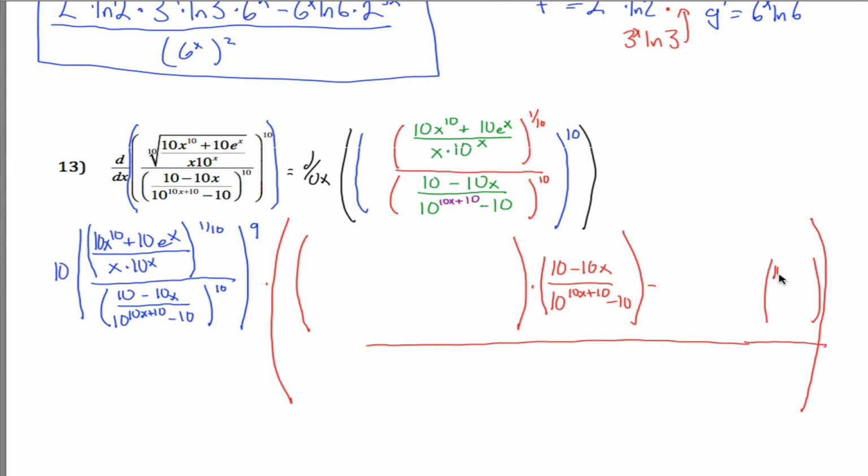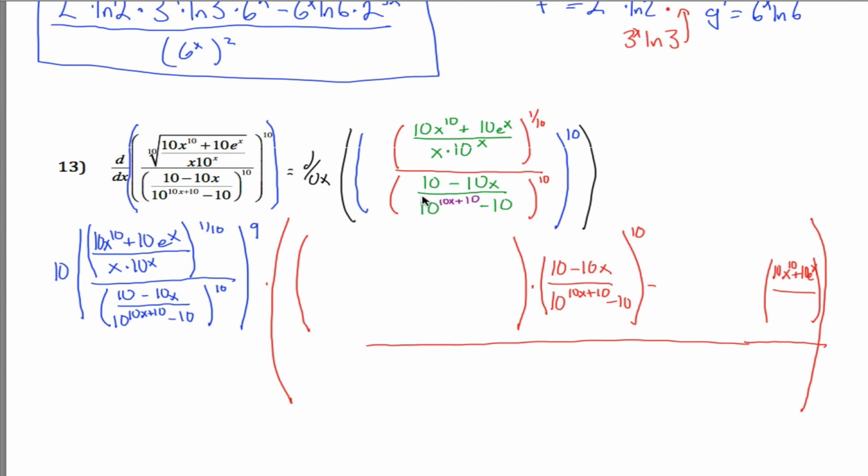F being the thing up top, 10x to the 10th plus 10 e to the x divided by, see, the thing up top is all raised up to the 1/10th power. I forgot about that. And the thing on the bottom is f prime g. Sorry, this is the, jeez, if I can't do it, I shouldn't be asking you to do it. Thing on the bottom, f prime g minus g prime f.